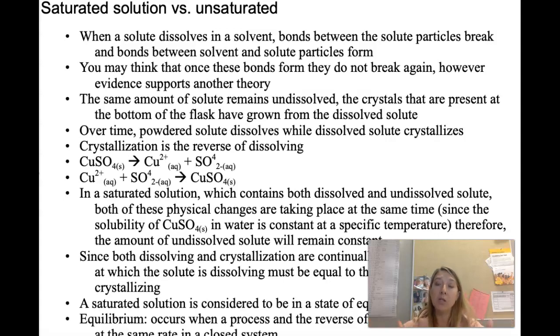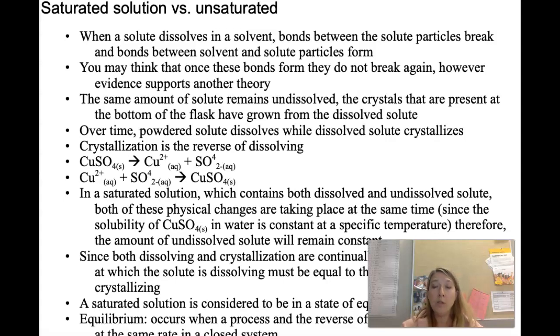And then some of the undissolved sugar at the bottom is going to dissolve to take its place. So we call that equilibrium. We call it equilibrium because we have two processes happening at the same time that are the opposite of each other. One of those is the crystals dissolving, and the other one is pieces crystallizing out. Because they're opposite and happen at the same time, we consider it to be equilibrium.